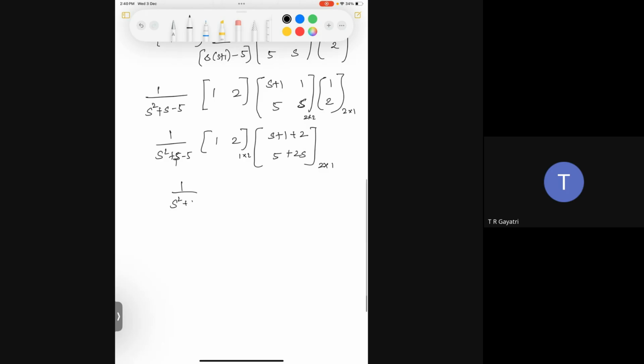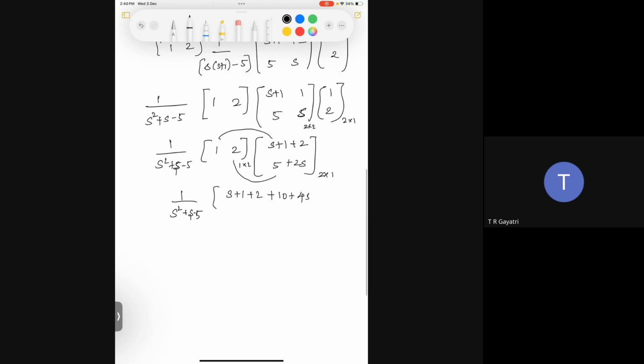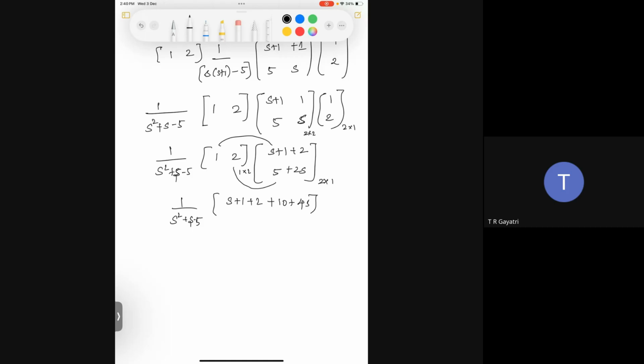S square plus S minus 5 into 1 into the first row. That is S plus 1 plus 2 plus 2 into the second row, plus 10 plus 12, sorry, 4S plus 4S.